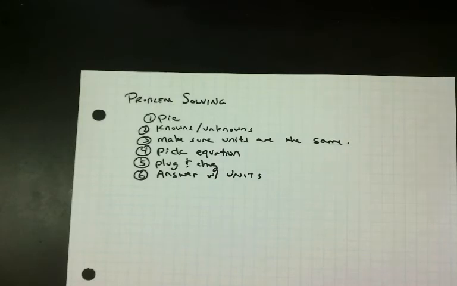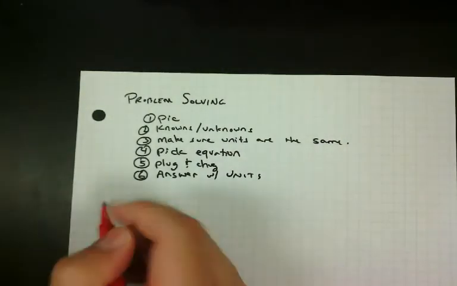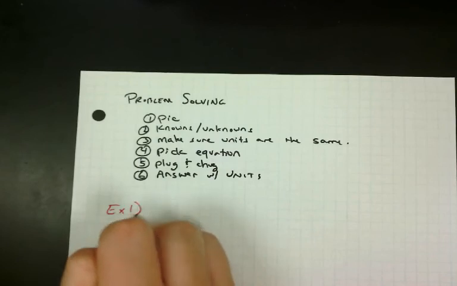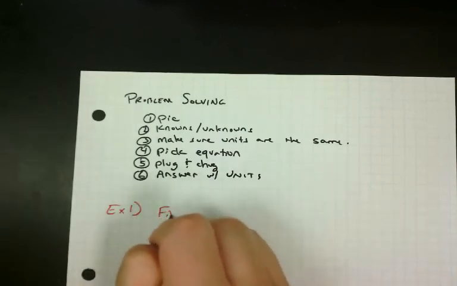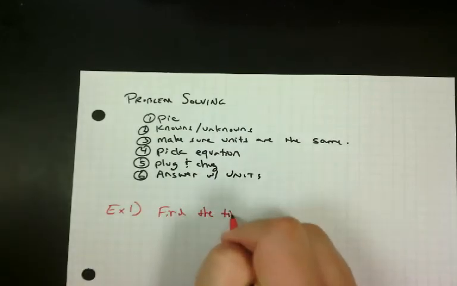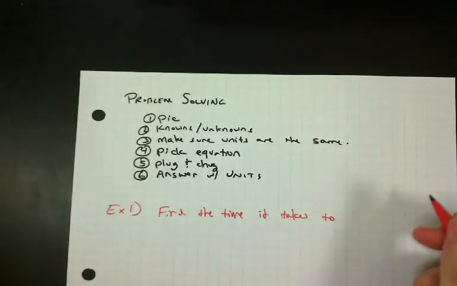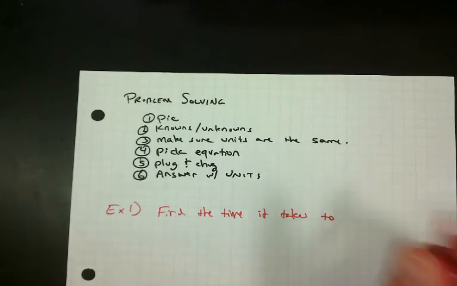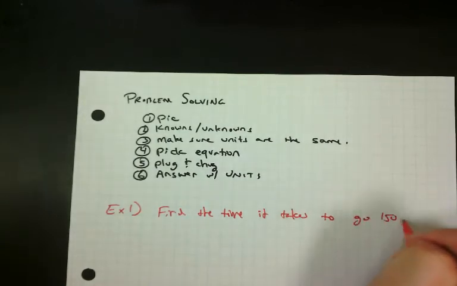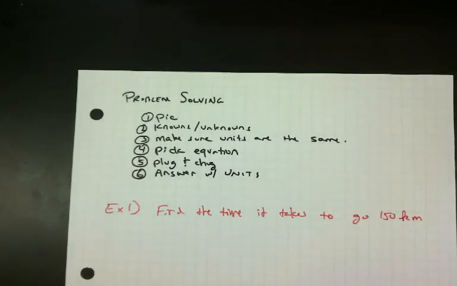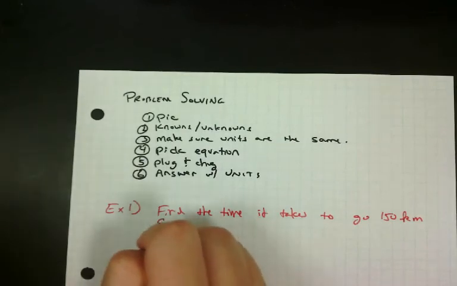Okay. First example problem. Find the time it takes to go 150 kilometers at 23 meters per second.